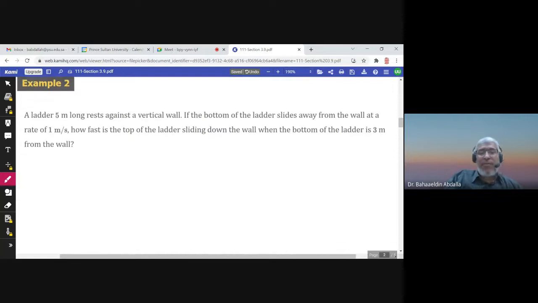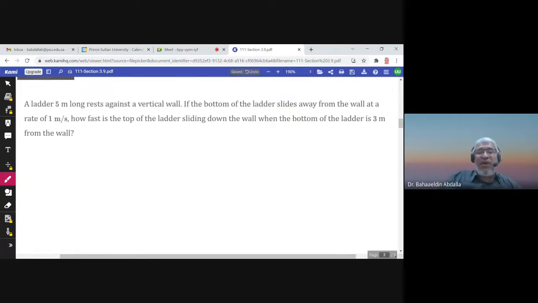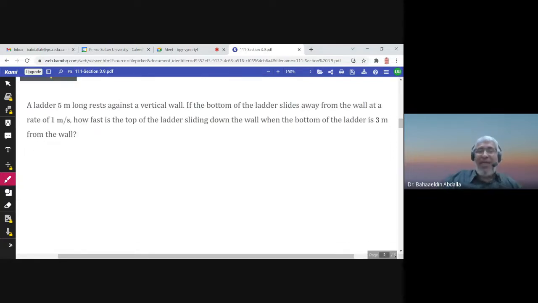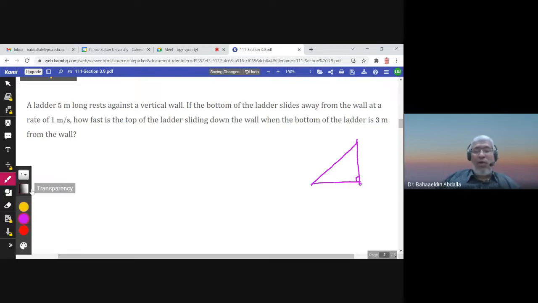Another example. A ladder 5 meter long rests against a vertical wall. So let us assume that this is a vertical wall and this is a ladder that rests against this wall, and there is a distance here between the bottom of the ladder and the wall.